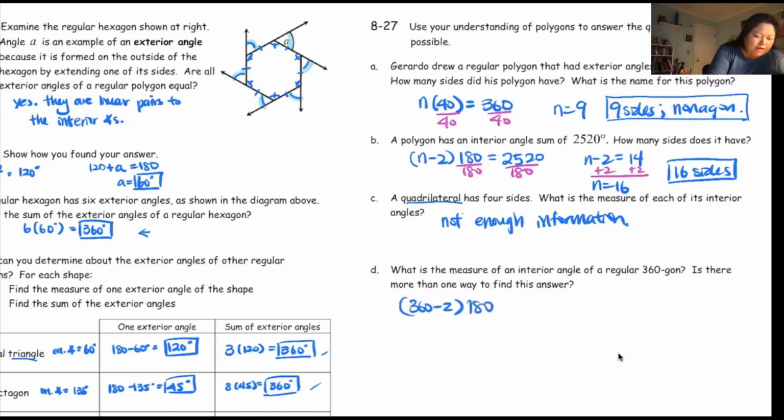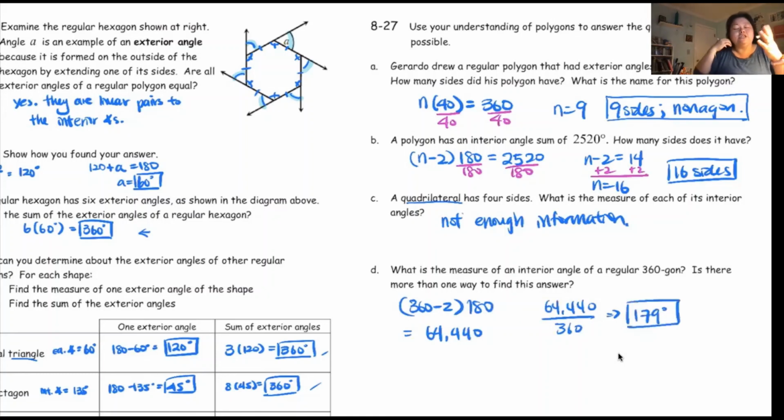That's 358 times 180. It's a big number. My sum is 64,440. Then I take 64,440 divided by 360. Each angle is going to be really, really big, 179 degrees. So that's how many degrees each angle is.